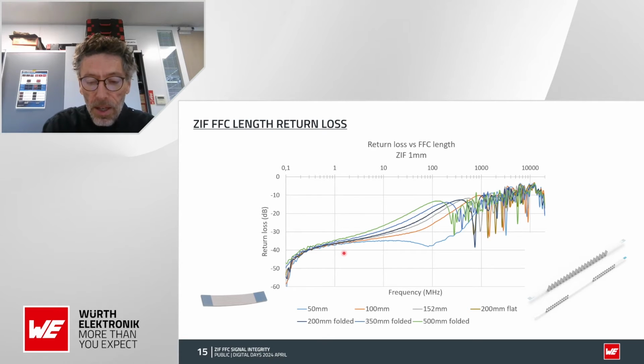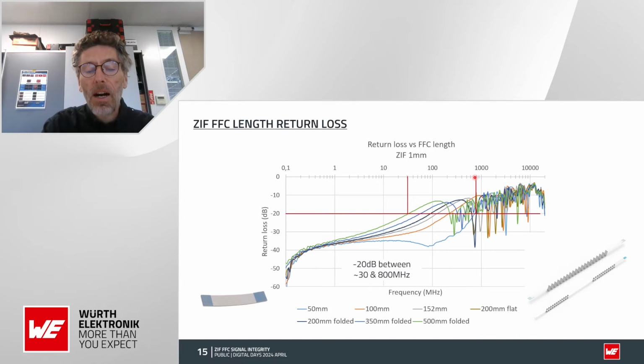And so here, let's consider the 50 millimeter, because this is the FFC length. At 50 millimeter, you reach minus 20 dB at 800 megahertz, which is really, really high in terms of frequency.